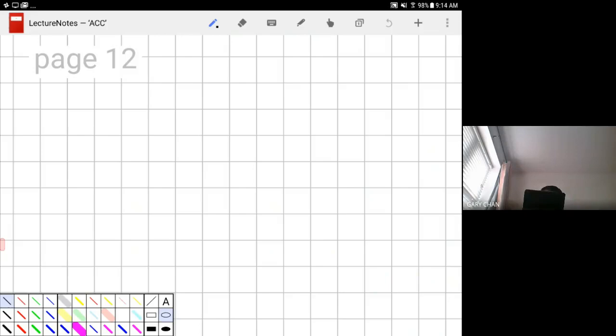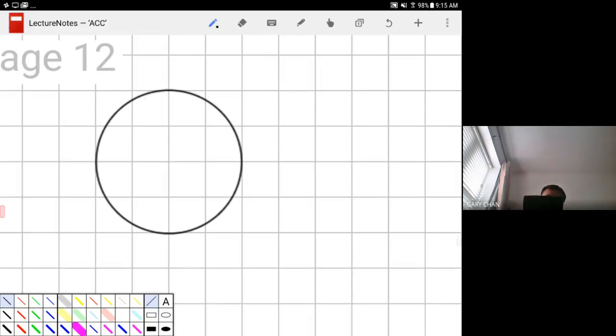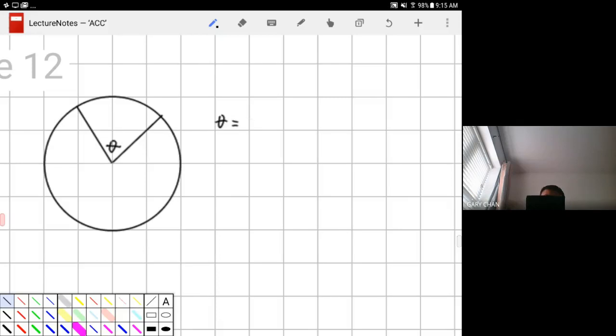We were on the subject of radians yesterday. Or not radians, we were on the subject of arc measures yesterday. So just to be clear again, in the past couple of office hour sessions, we established the understanding that theta here is the central angle.